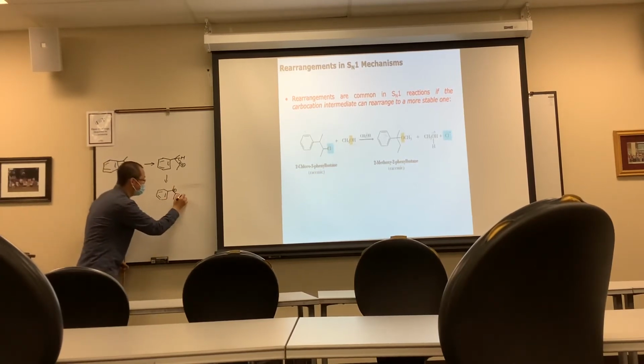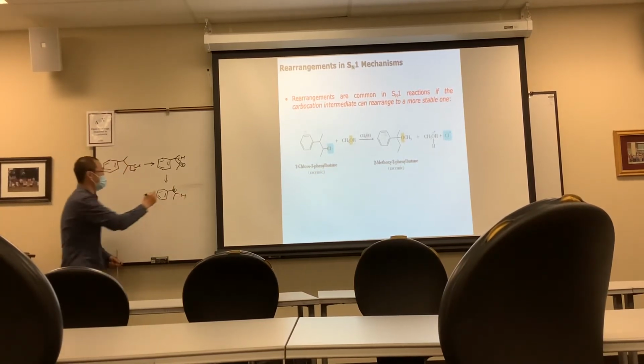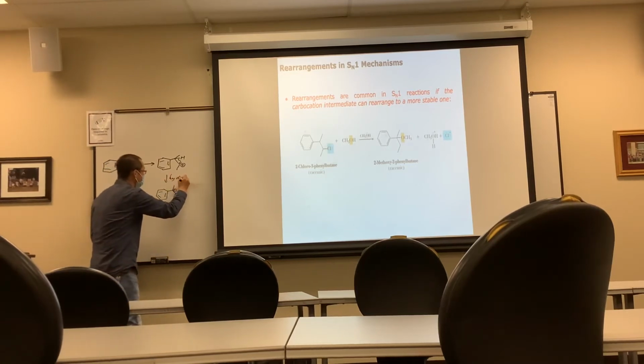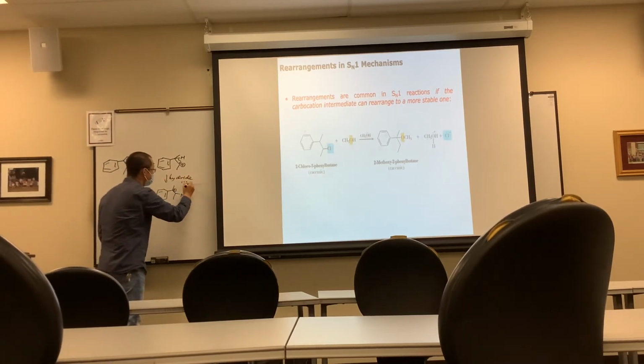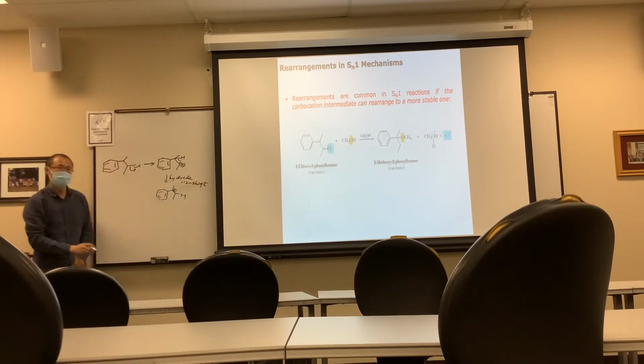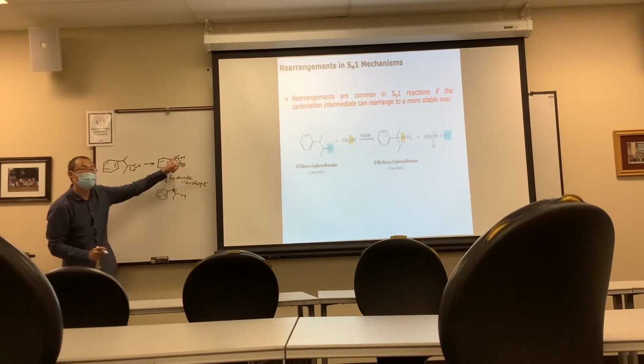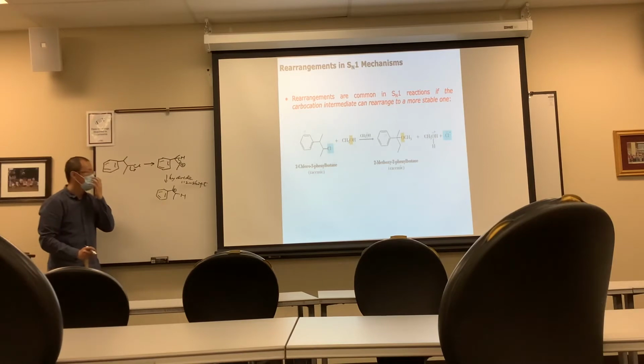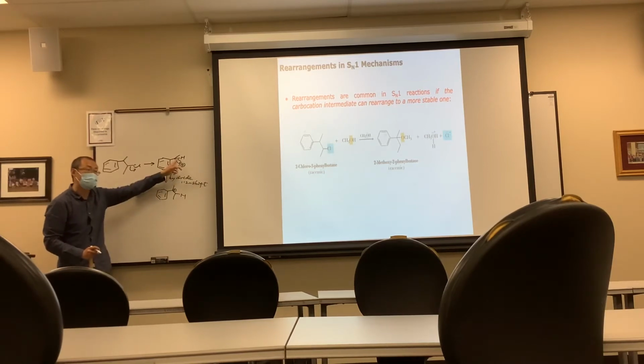Of course, the hydrogen is here now. Not hydrogen, actually, hydride, 1-2 hydride shift. What is hydride? The hydrogen shifts with a pair of electrons. Again, the hydrogen shifts with a pair of electrons.